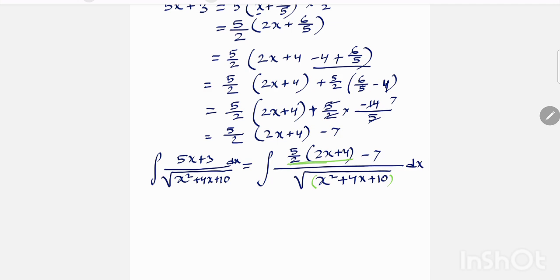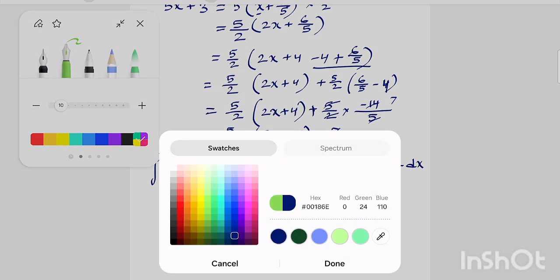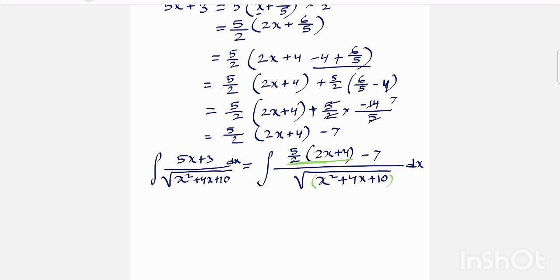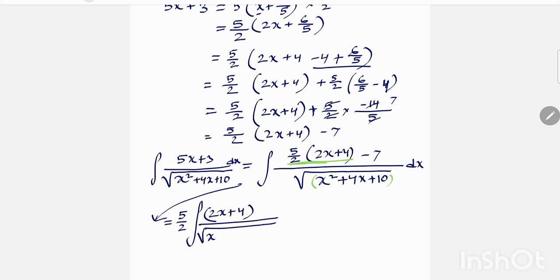You will understand it. So first thing is that, here now I can write it like this: equal to 5 by 2 integration of 2x plus 4 by root over x square plus 4x plus 10.